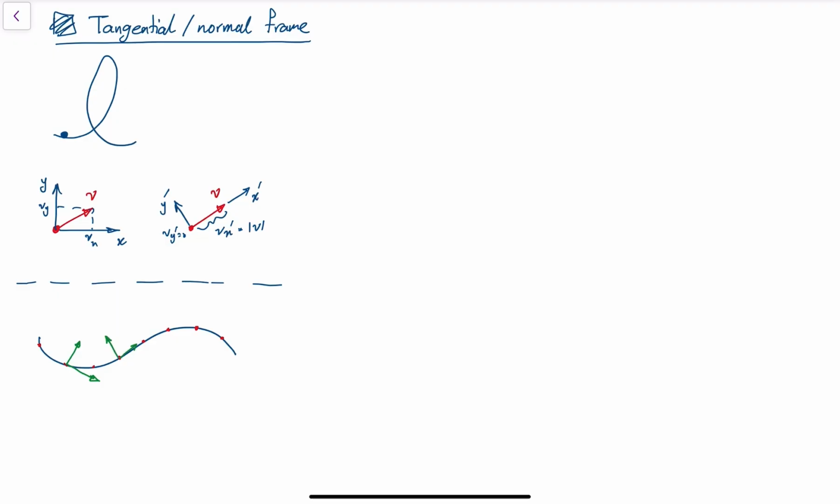So at any point, I can always define a coordinate frame with two axes, one perpendicular or normal to the path, another one tangent to the path. These tangential and normal components are what we usually call the TN, or tangential-normal frame. And note that the direction of this set of axes always changes as the particle moves through the path. So it's no longer a fixed frame, it is a changing frame.